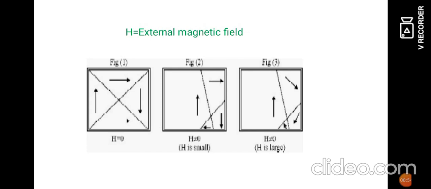After this process is over, now the ferromagnetic domain starts rotating itself, so that all the magnetic dipoles present in the ferromagnetic domain will be aligned in the same direction of the external magnetic field. Here H represents the external magnetic field.